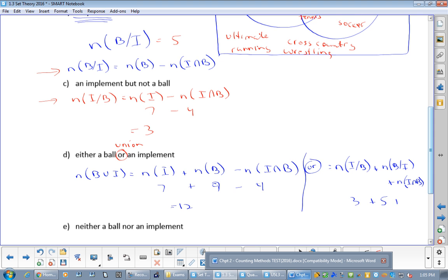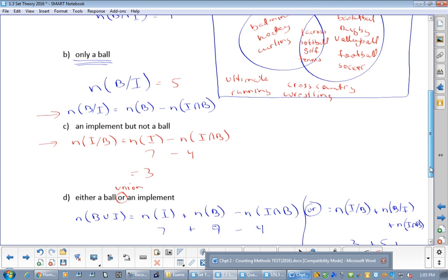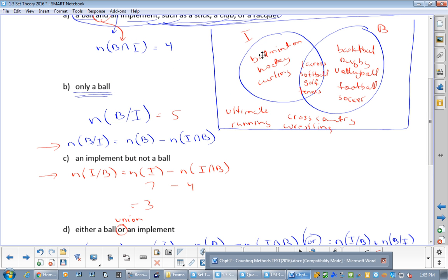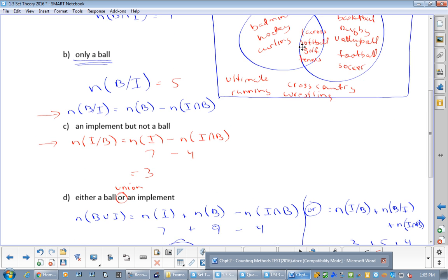Plus 1, 2, 3, 4. That also gives you 12. Why is the I second for this? 1, 2, 3, 4, 5, 6, 7. Right?